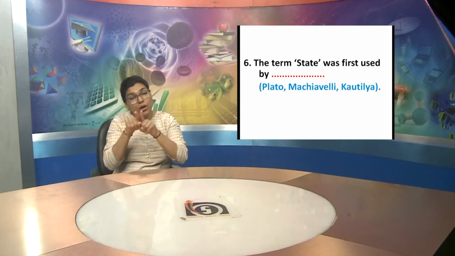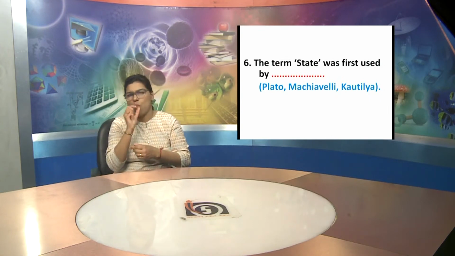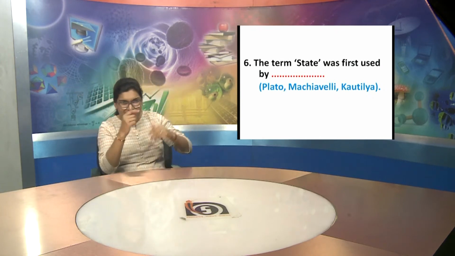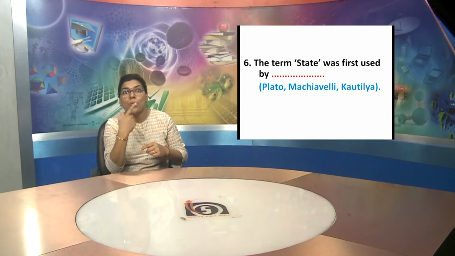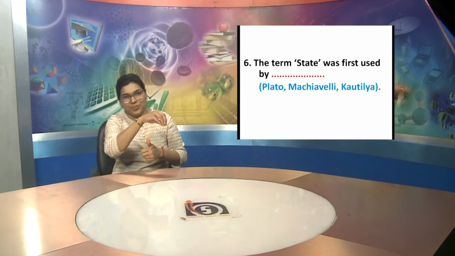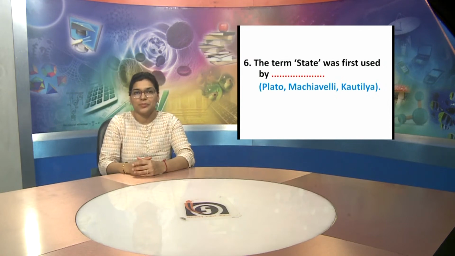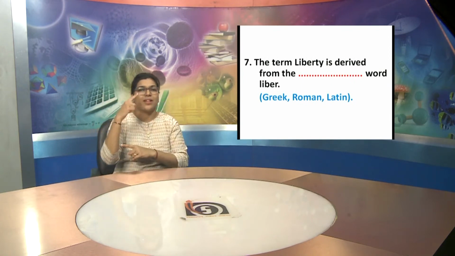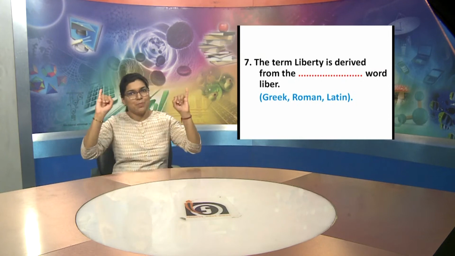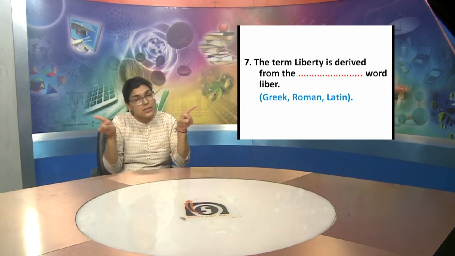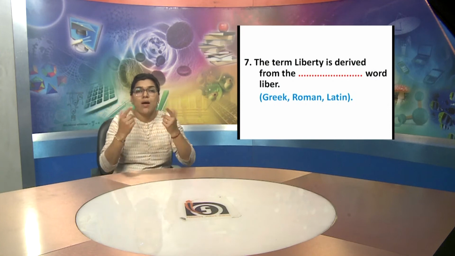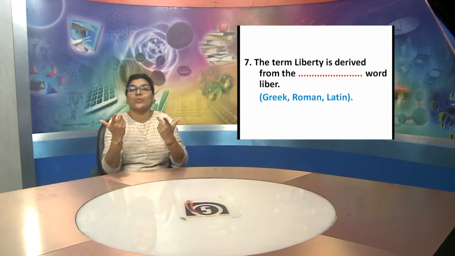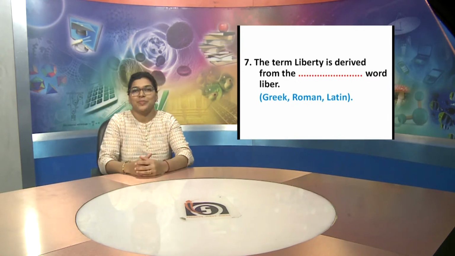The term state was first used by, in the blank you have to choose the right word given in the brackets in blue color. Seventh, the term liberty is derived from the dash word liber. Please choose your answer in the blue format and write it in the blank.